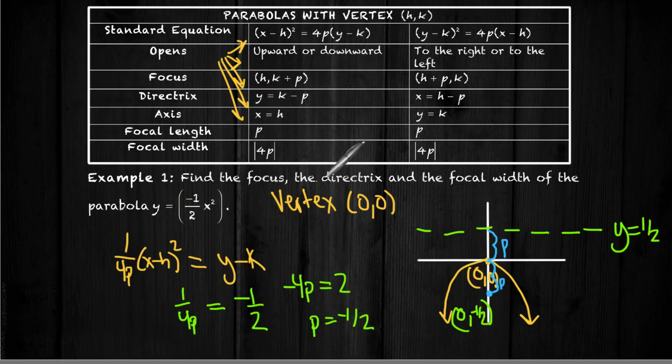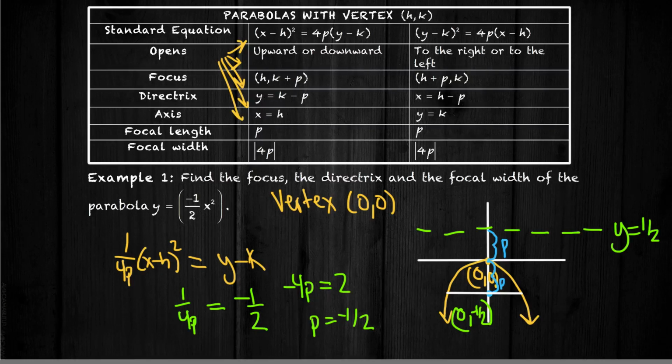And so we've got the focus, we've got the directrix, and now it wants to know the focal width. So once again, let's remind ourselves what the focal width is. It is the distance from one point on the parabola through the focus to the other side of the parabola. And our formula says that is the absolute value of 4 times p.